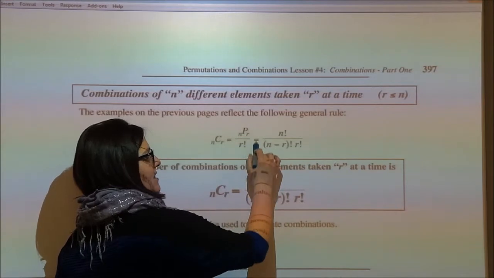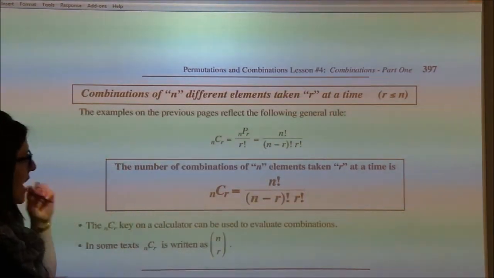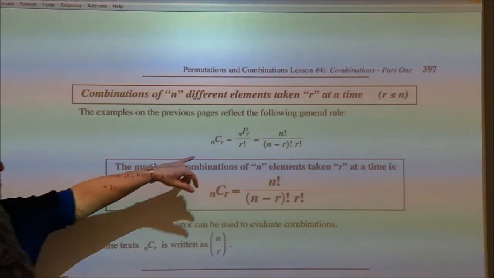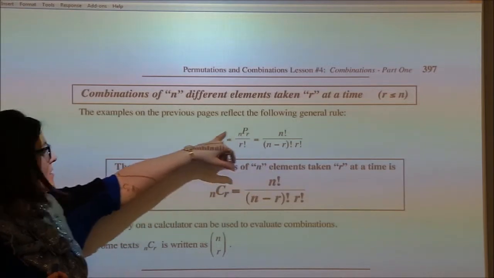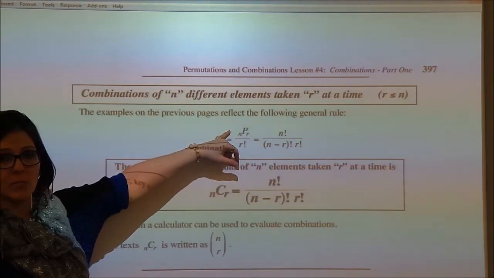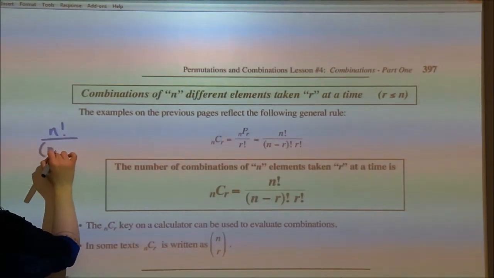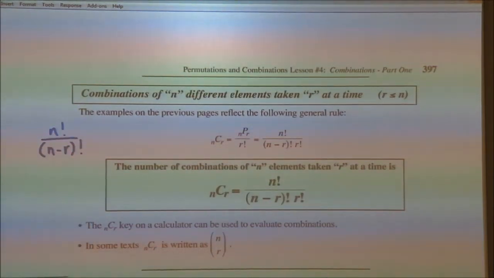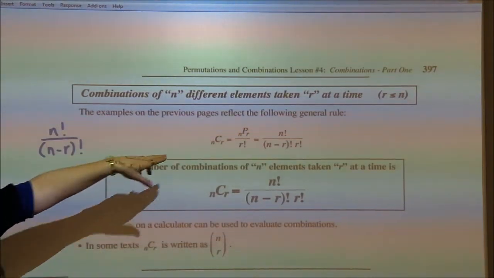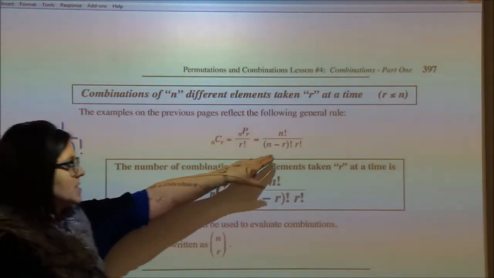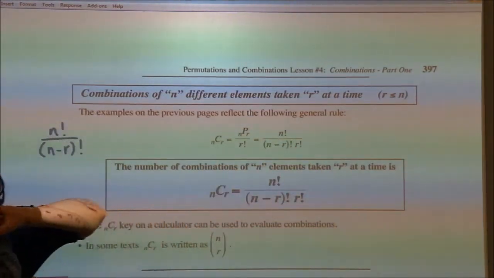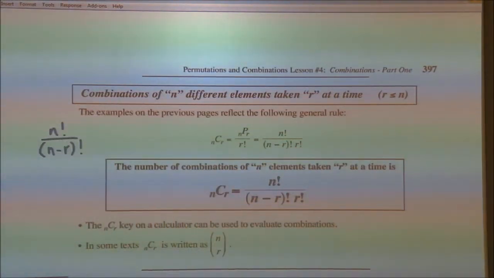What you're given is this part. So I can get that by taking my nPr. From the last section, my permutation formula was n factorial divided by n minus r factorial. And then that's divided by r factorial, which means the r factorial stays at the bottom as well. So that's how that formula is derived.